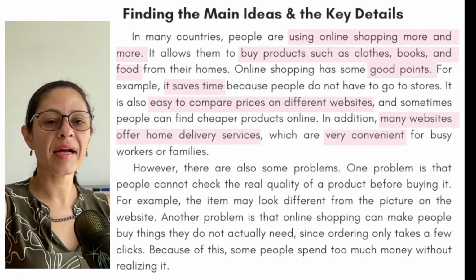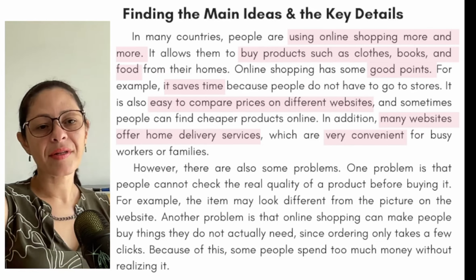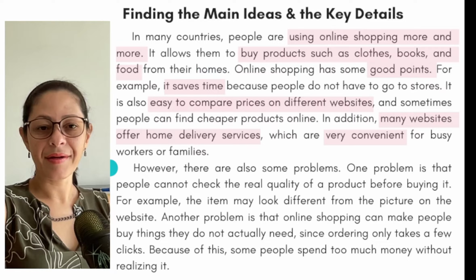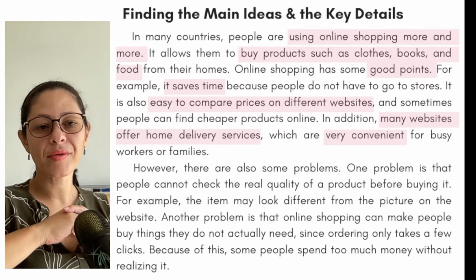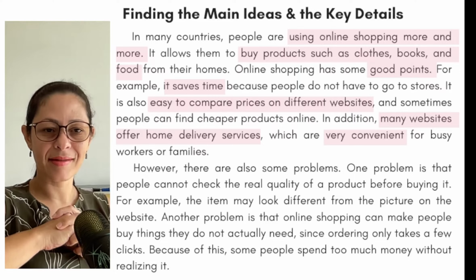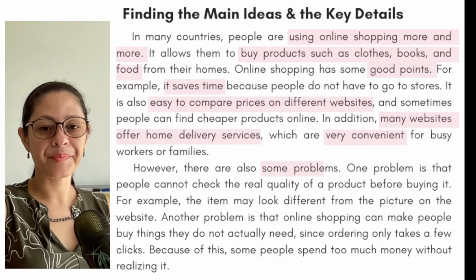So I have highlighted not only my main idea, but also my key details. Now we're going to move on to the next passage that starts with however. And here I know that however is a contrast, so if we were talking about the advantages, now we're going to go to the disadvantages. What are these problems?